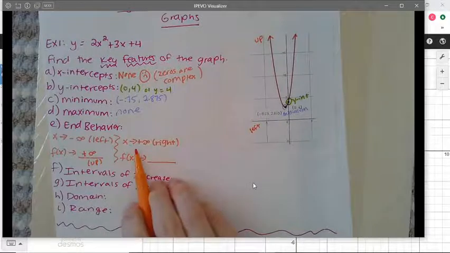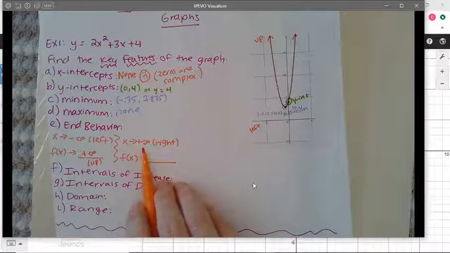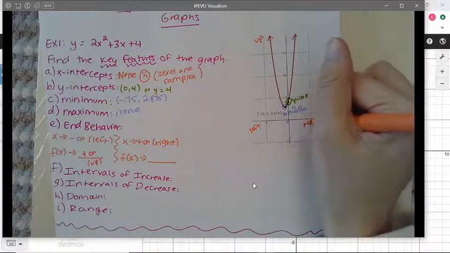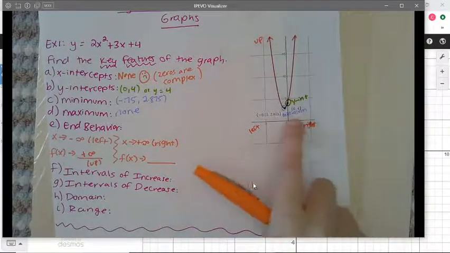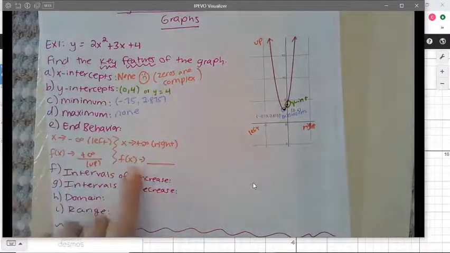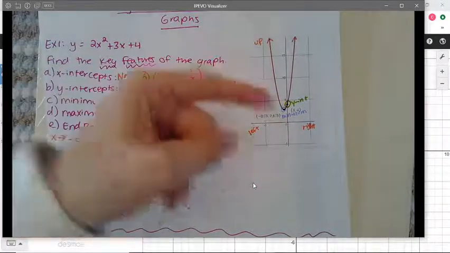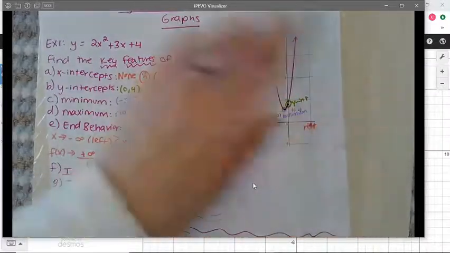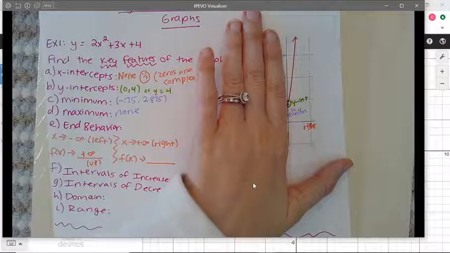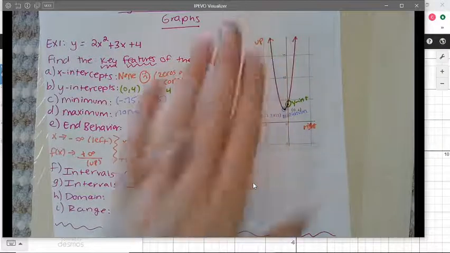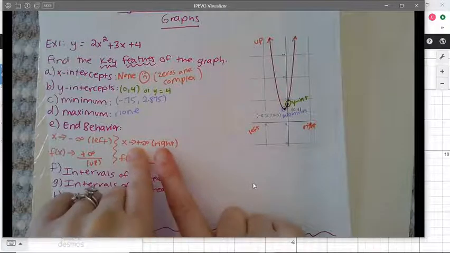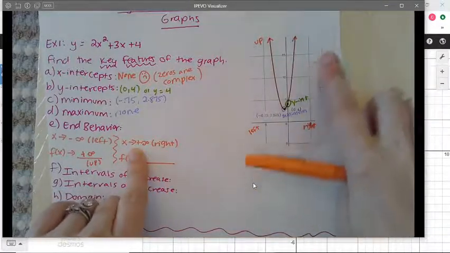Okay, so then this says as x approaches positive infinity, or when we're on the right side of the graph. The right side of the x-axis is where we're headed to positive numbers, okay? So as x approaches positive infinity, as we're headed in a positive direction, we want to know where the y value is headed, or basically, where's your arrow pointing?